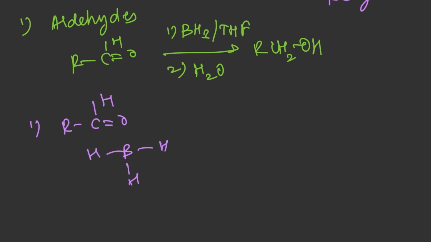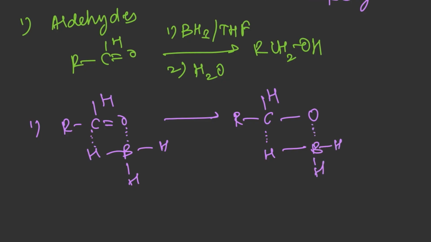Now this carbon will absorb hydrogen and oxygen will attach to the boron. So the intermediate will form: RCHO, hydrogen, boron, hydrogen, hydrogen. Then it will form RCHOBH2.